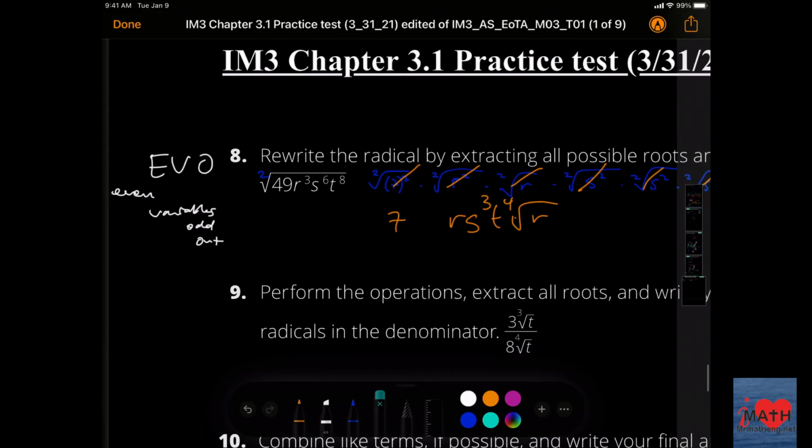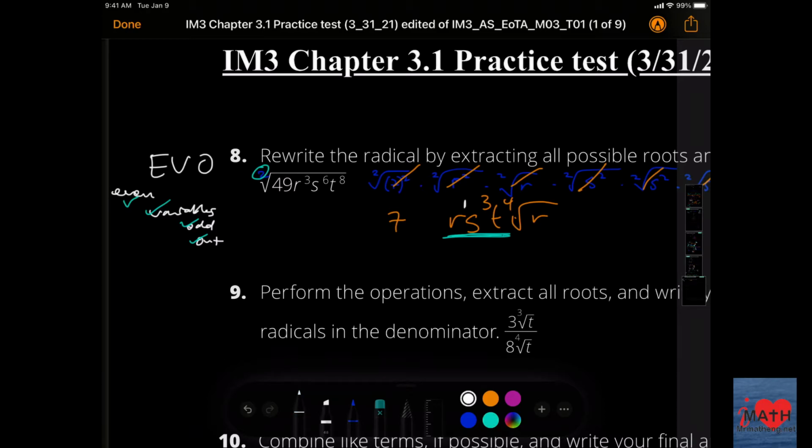Okay, let's ask ourselves the questions. Is this an even root? Yes, it is. Which ones are variables? R, S, and T. Which one of those that are on the outside that I circled are odd? That would be the S and the T. So which ones are odd?